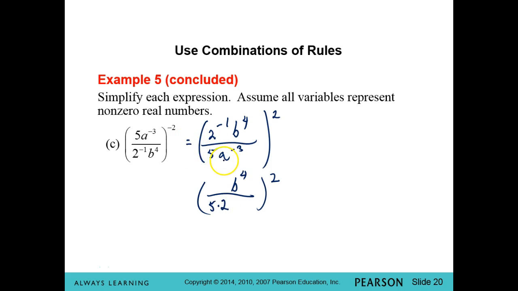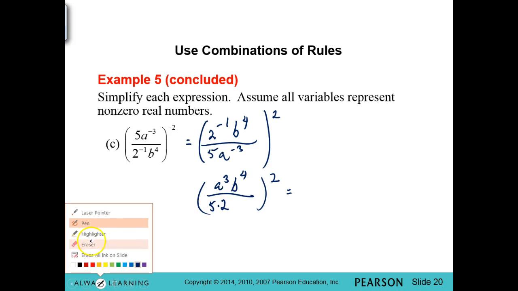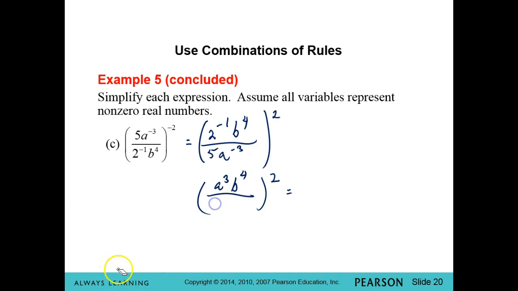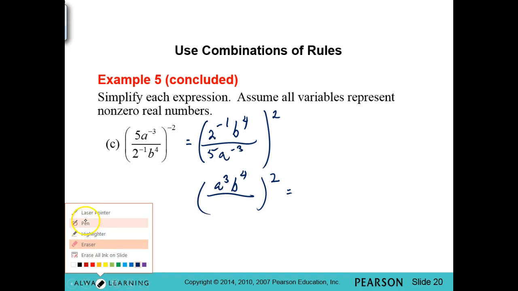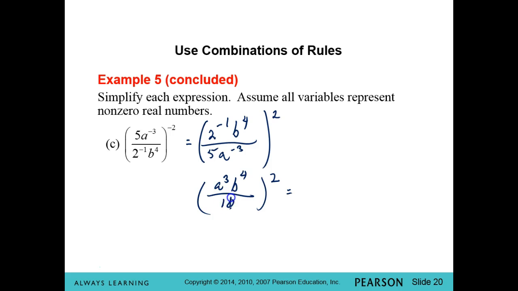And the a to the minus 3 needs to move upstairs, right? And become a cubed. You buy that? Okay. I like it so far. Now, can I just change that 5 times 2 to a 10? Okay. Let's just change that to a 10. I just don't have as much room as you do on your paper.